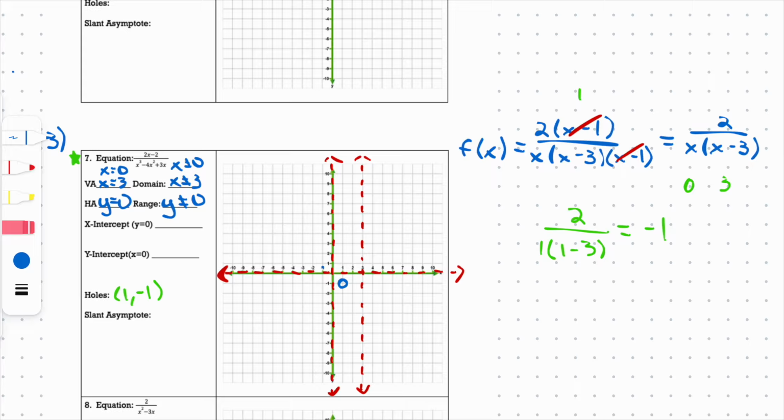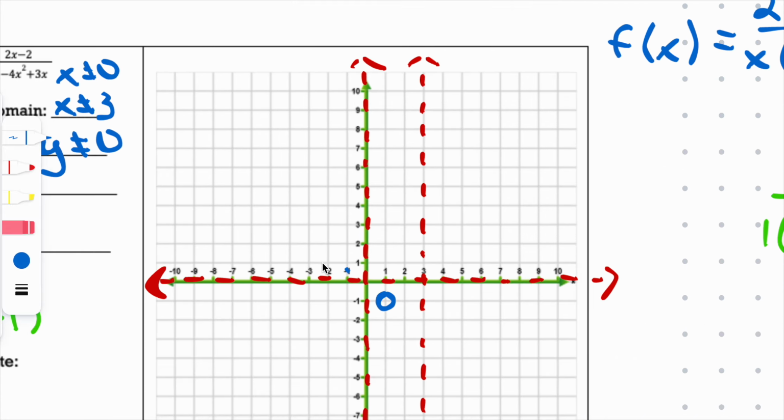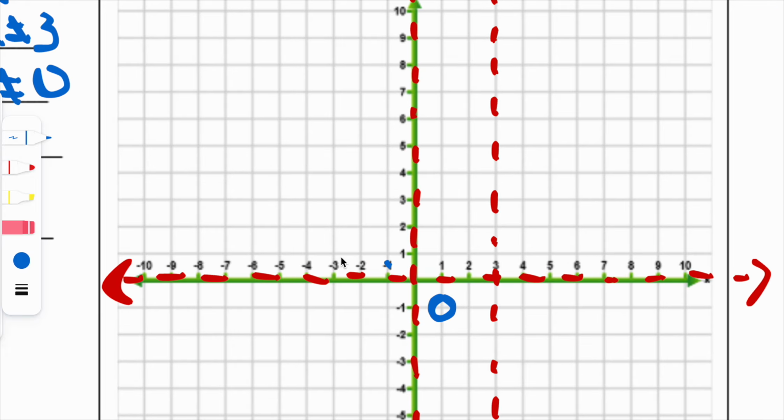So negative 0.5 times negative 0.5 minus 3, that's going to be negative 3.5, and negative 3.5 times negative 0.5 gives us positive 1.75. So 2 over 1.75 is going to be about 8/7, which I'm just going to say is a little bit over 1. I'm going to put a point right there.